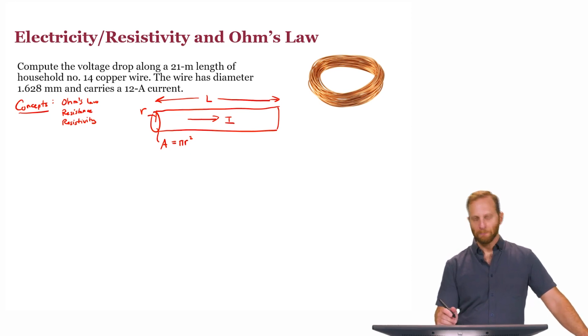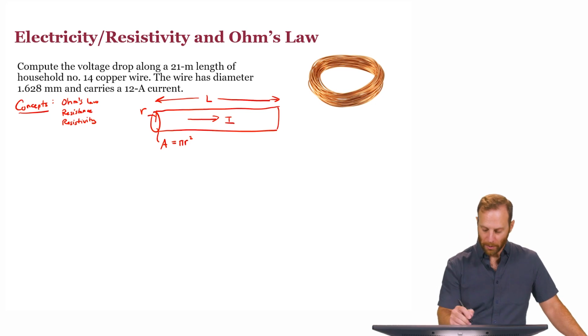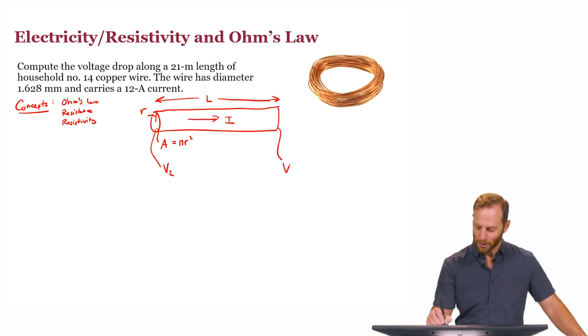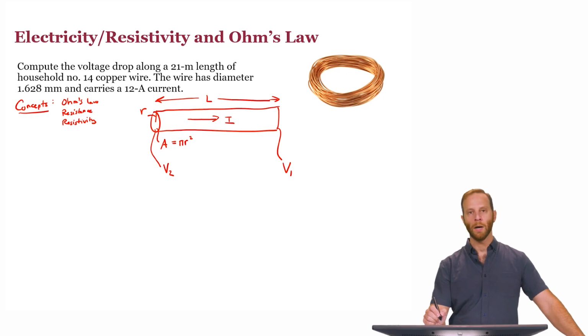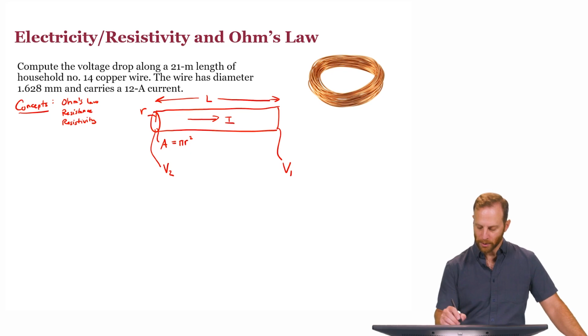And in addition, there's a relationship between this current and the applied voltage. If there was an electric potential right there called V2, and let's call the other electric potential V1. They are not the same. Current likes to flow from high potential to low potential.